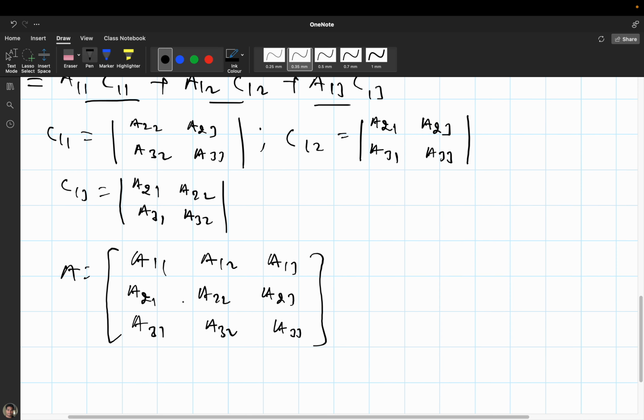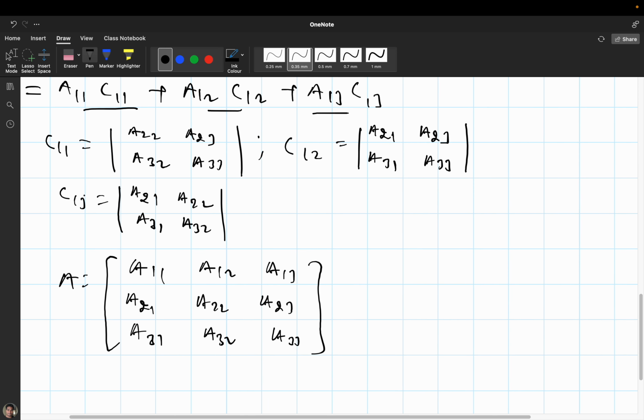Whenever you take A11 and ignore its row and column and take the determinant of the rest, that is nothing but C11.